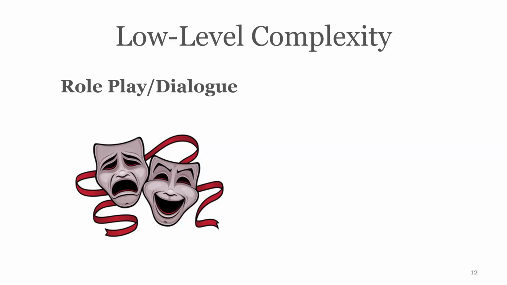You may put students in pairs and ask them to role play or have a dialogue from the point of view of two particular scientists who maybe had different ways of approaching the same kind of problem. I've heard other people use this activity where the people doing the dialogue are two different theories that could explain the same phenomenon.